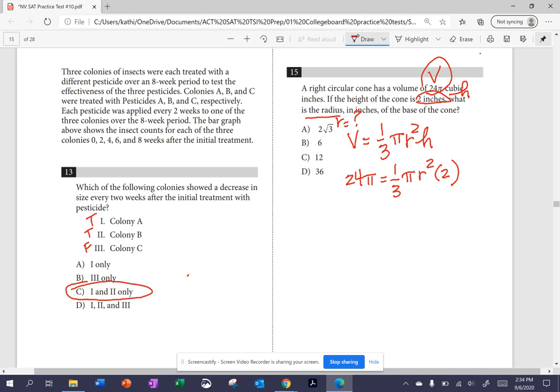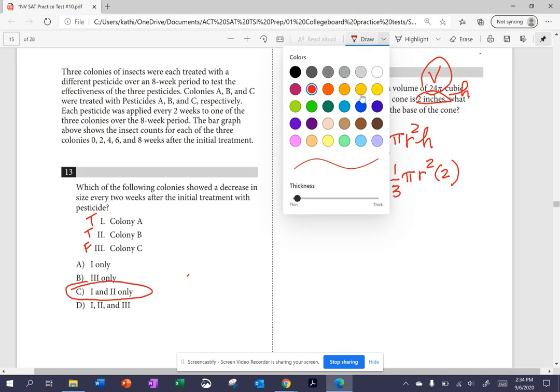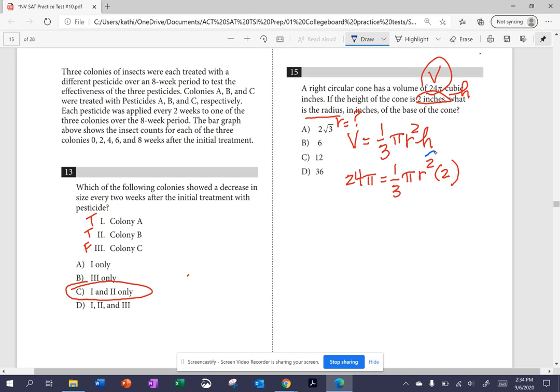So I'm solving for r. So first I want to isolate r squared. To do that, I'm going to divide by everything that's next to it. So I'm going to divide by 1/3 pi times 2. Whatever I do to one side, I need to do to the other side to keep my equation equal.